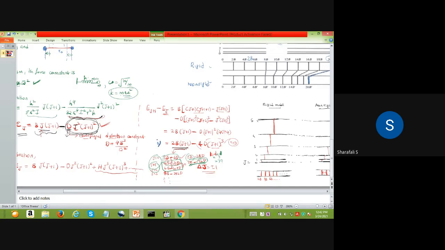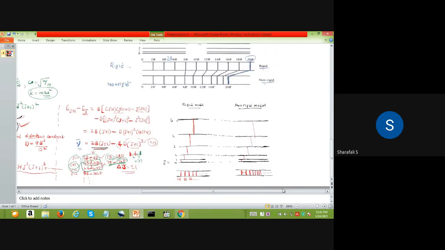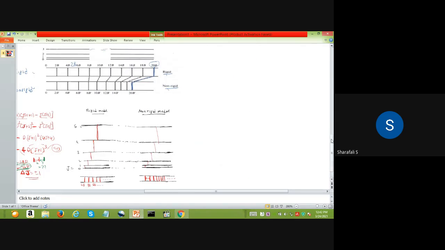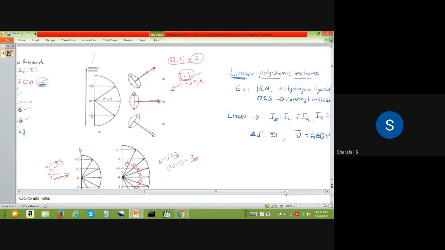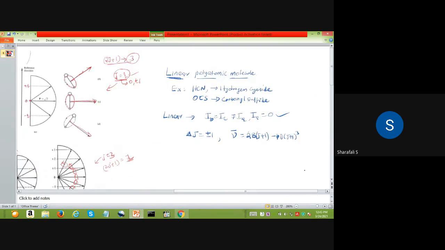This difference we call mu bar, in terms of B. So that difference between those energy levels in centimeter inverse is mu bar. So that mu bar also will be the same for a polyatomic linear molecule. For all linear molecules, it will be the same.